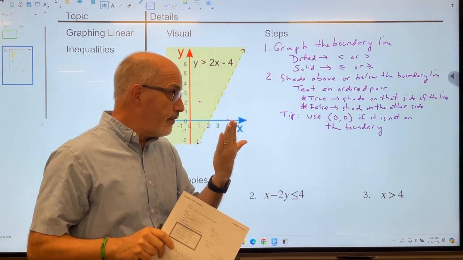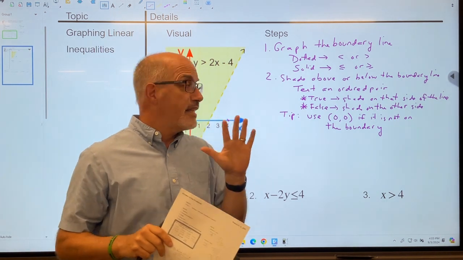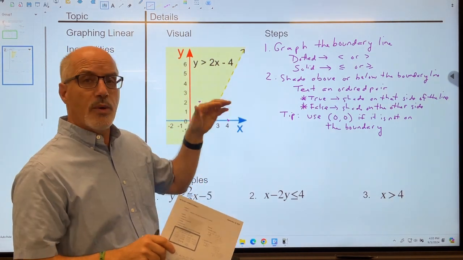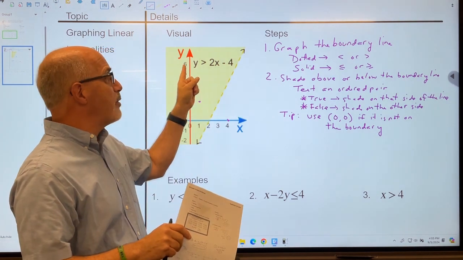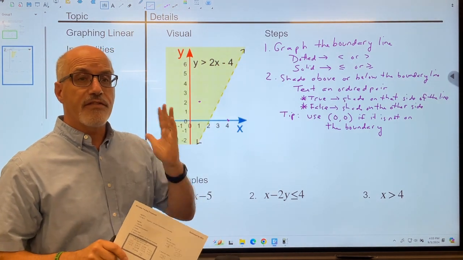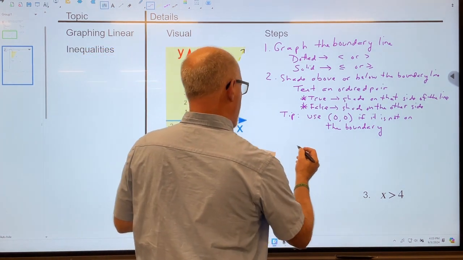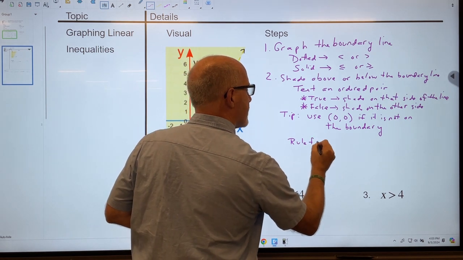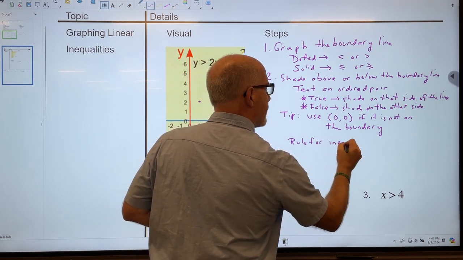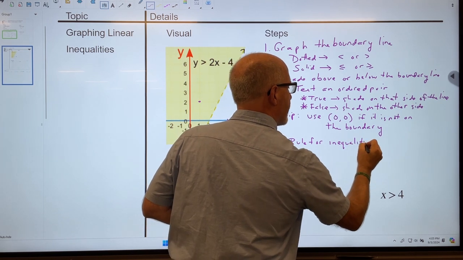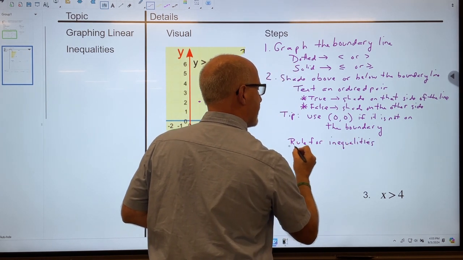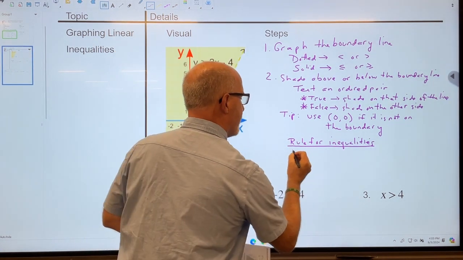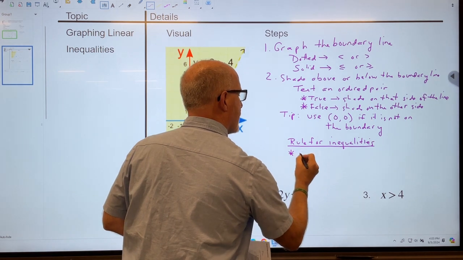If you multiply or divide by a positive, the inequality stays the same. Like if I multiply both sides by 2, it stays the same. But if I multiply both sides by negative 1, it's going to flip it over. So we'll put this in a box as a rule for inequalities: when you multiply or divide by a negative, you flip the inequality.